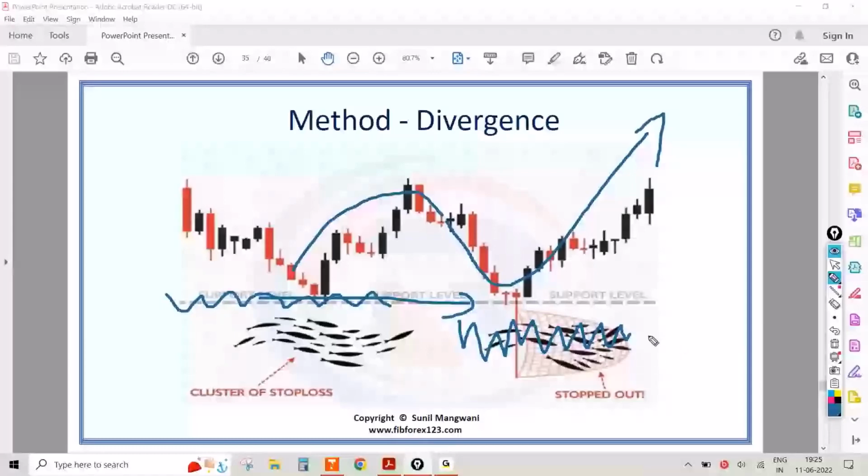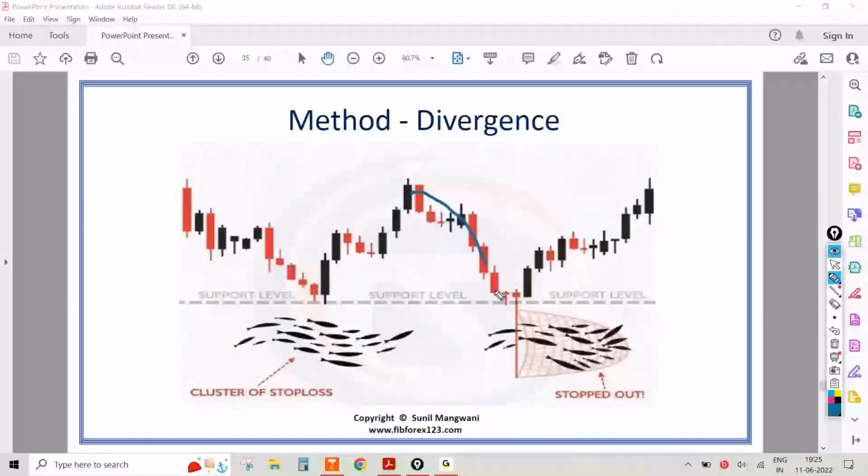If you know it and I know it, the institutes know it. So what they will do is they will tend to drive price beyond this, take out the stop losses. And I like this image because it's like collecting all the fish in a net. You collect all the money from the retail traders and then price moves in the direction.